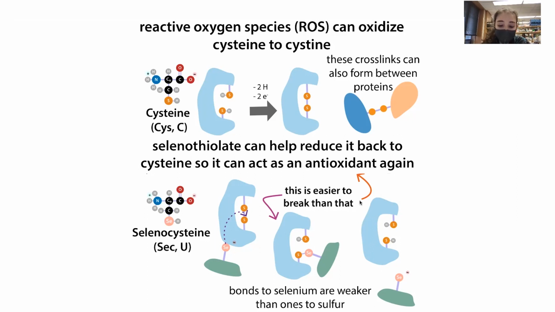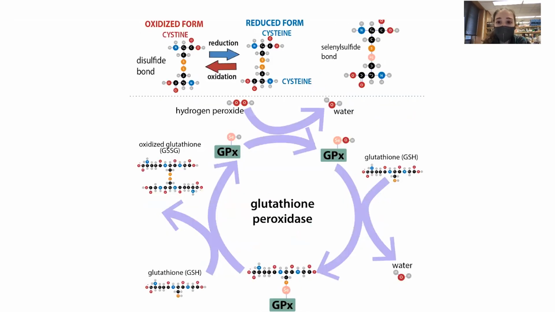We're also going to see how it can serve to prevent that damage from happening in the first place through glutathione peroxidase. We'll get more into that. But in order to do those functions, this selenocysteine isn't just floating around doing this on its own. It's going to be doing this in the context of an enzyme.